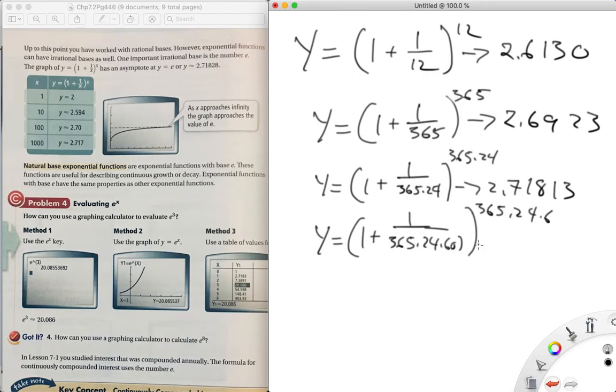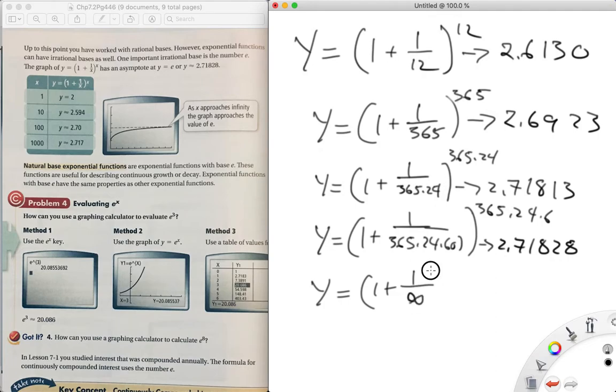I would get 2.71828. And if I was to increasingly get bigger, so I get a number approaching infinity.